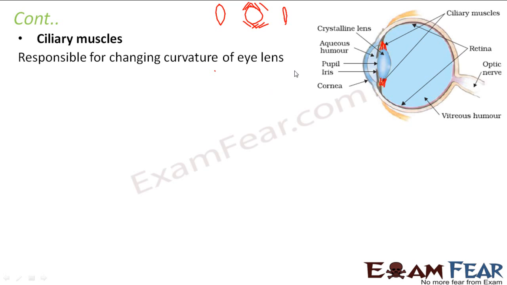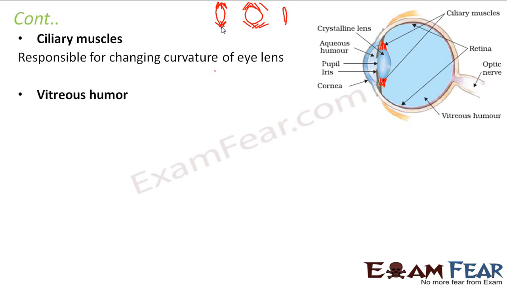As a result, the focal length increases. Whereas when the ciliary muscles contract, the lens becomes comparatively thinner, and therefore the focal length decreases, right? So by expansion and contraction of the ciliary muscles, the focal length of the lens can be controlled, and thus by varying the focal length depending upon the object distance, it can always form the image on the retina.